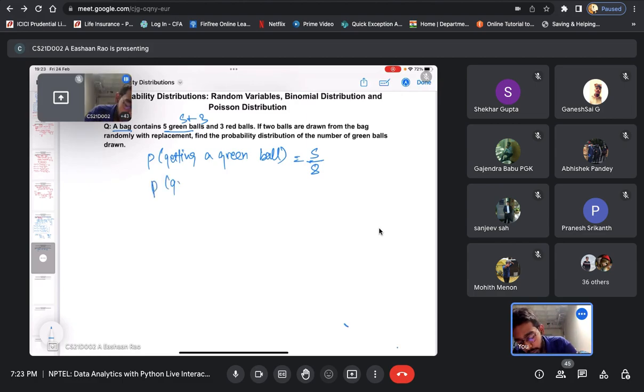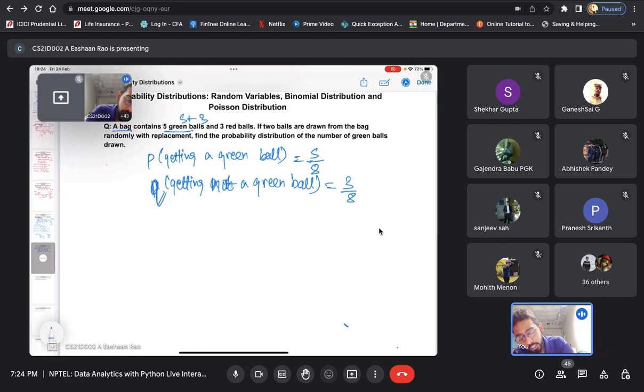Similarly, the probability of not getting a green ball is 3 by 8. I'm not taking the red name because it's better to talk in terms of green, since the whole question revolves around green balls. Now I have p and q already in place.